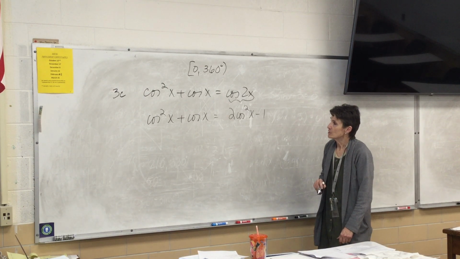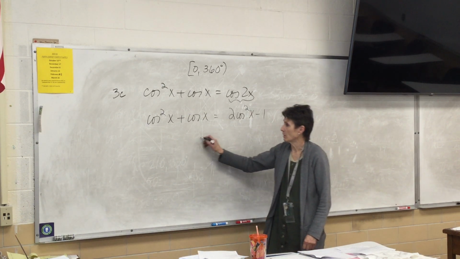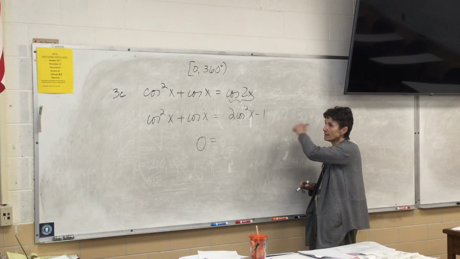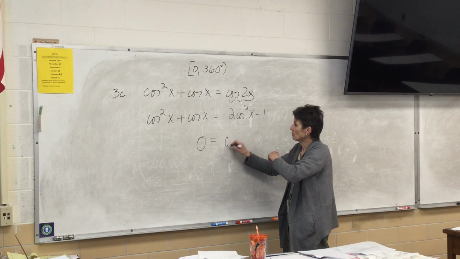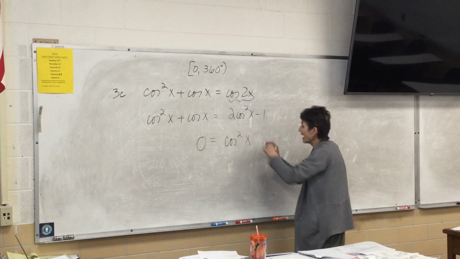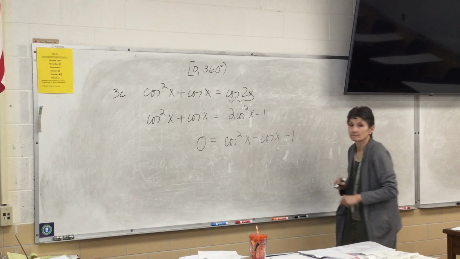All right? So now I'm going to move everything to one side and get a 0. I'm going to subtract cosine squared, so that's going to leave me with 1 cosine squared. I'm going to subtract cosine and minus 1.